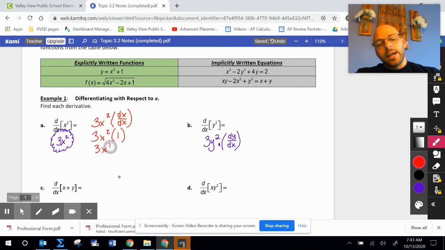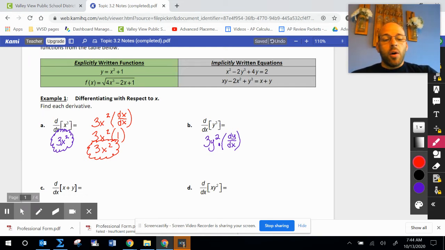So whenever we take the derivative of a variable with respect to that same variable, in this case x with respect to x, you don't need to write that rate of change next to it. However, when we take the derivative of a different variable, like in part B, an expression of y with respect to x, we need to include that dy dx. Ultimately, that comes from the chain rule.